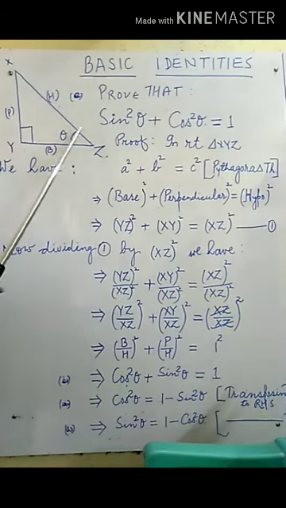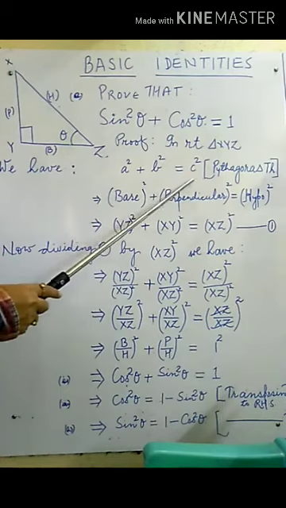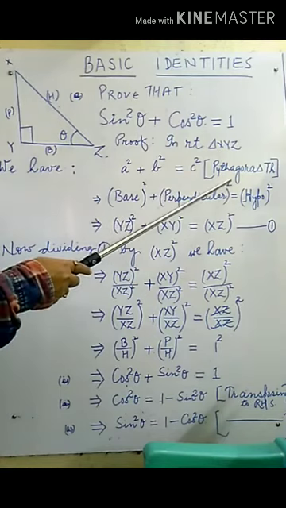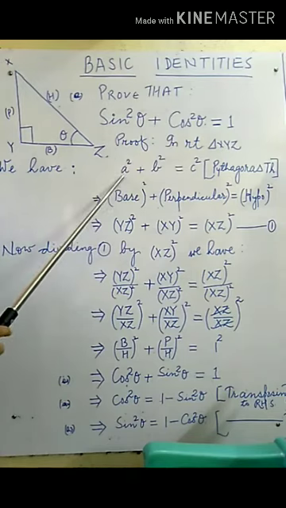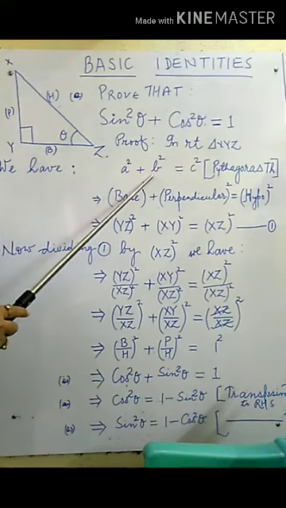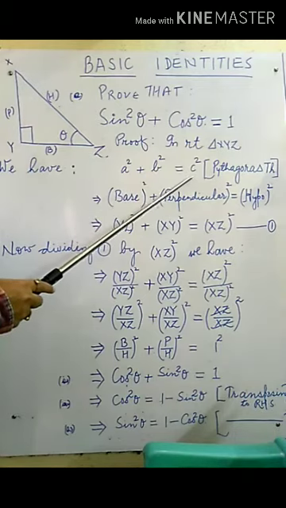Hypotenuse is the longest side, so hypotenuse is greater than base and greater than perpendicular.